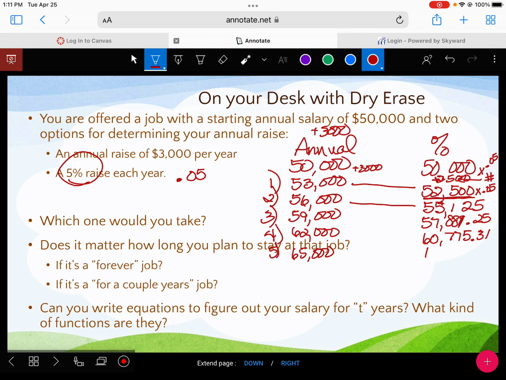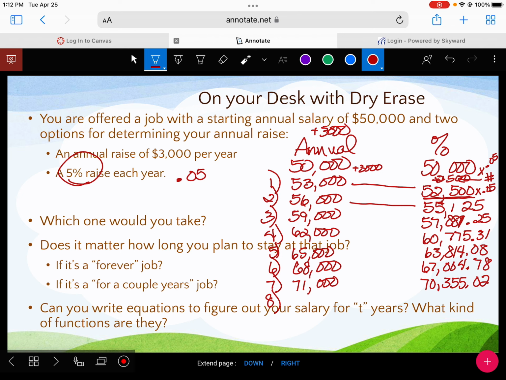Are you getting that too still? Yes. Number 7, I got $70,355.02 compared to 71,000. So far the annual raise has been the most.